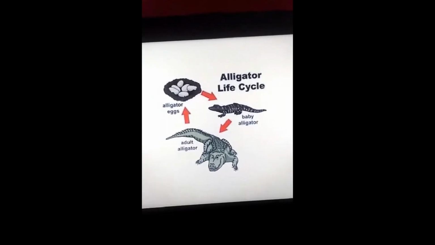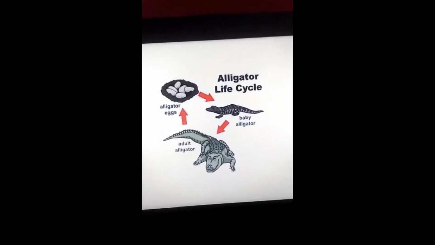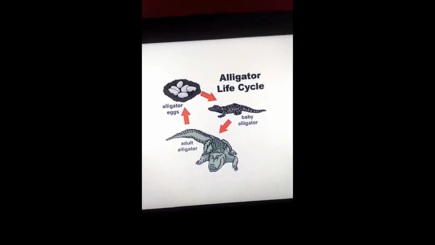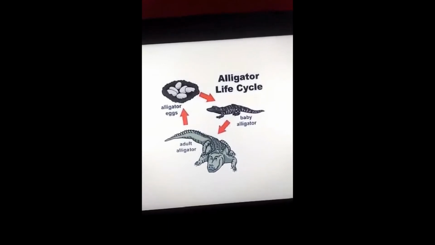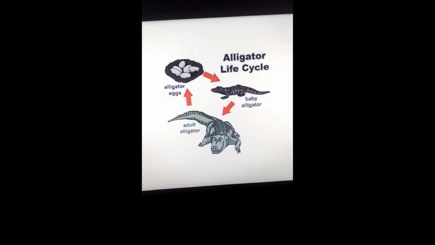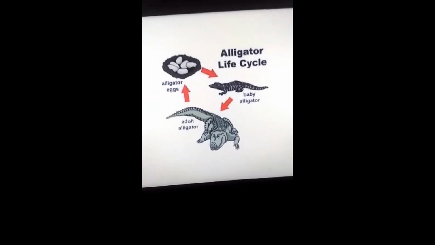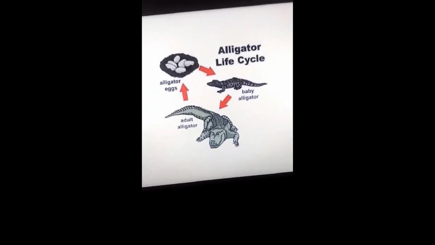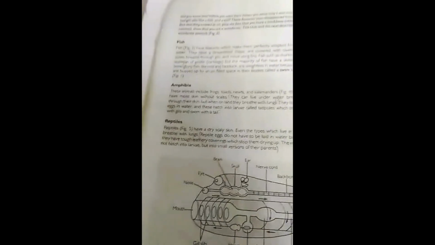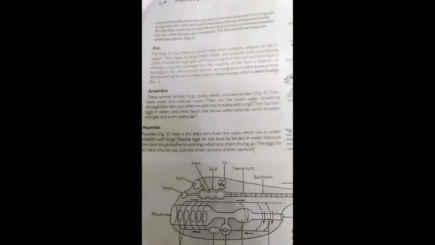See, here we have the life cycle of an alligator. The adult alligator lays eggs on the land, then they hatch into baby alligators, and finally they grow up into adult alligators again. So this is a very simple life cycle of an alligator. So we can easily differentiate between an amphibian and a reptile.